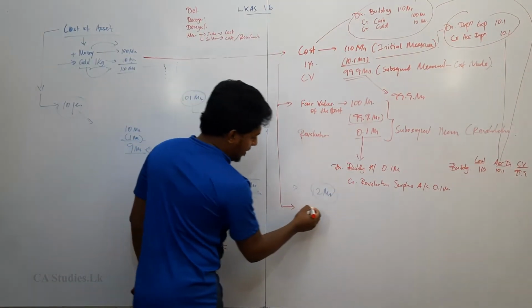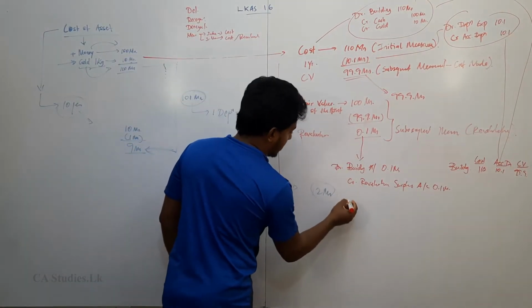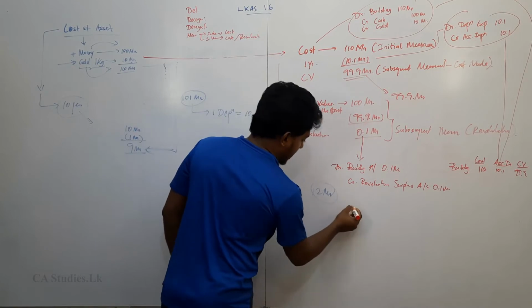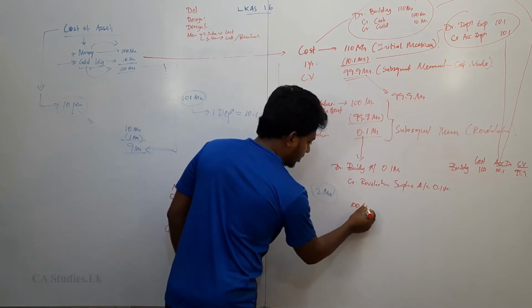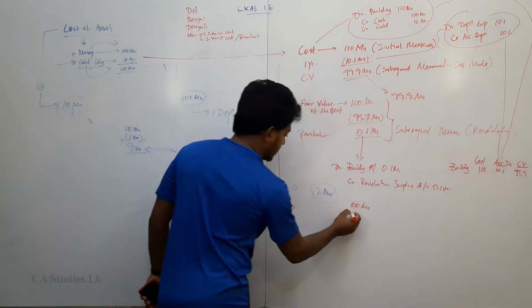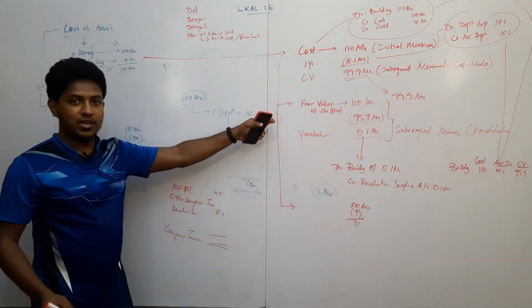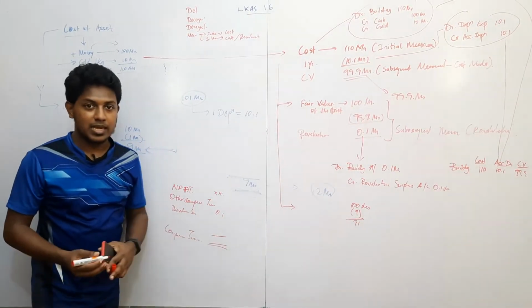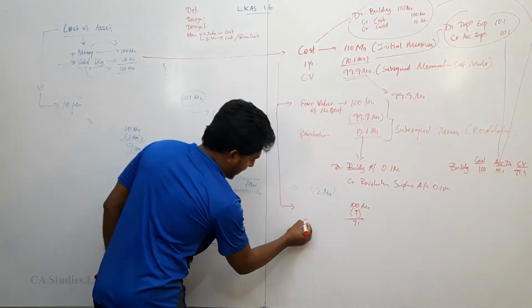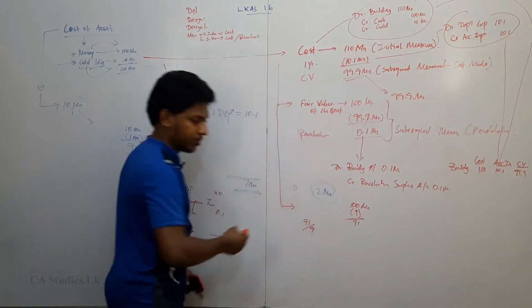So the opening balance of the building is 100 million now. Residual value is how much? 9 million. Now the depreciable amount is 91 million. So 1 year we have depreciated, so the balance 9 years we have to depreciate. So 91 divided by 9.